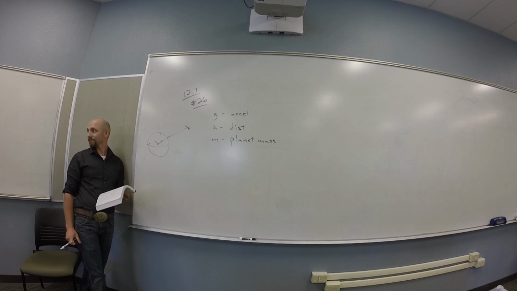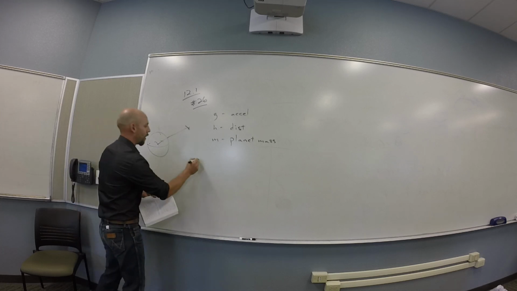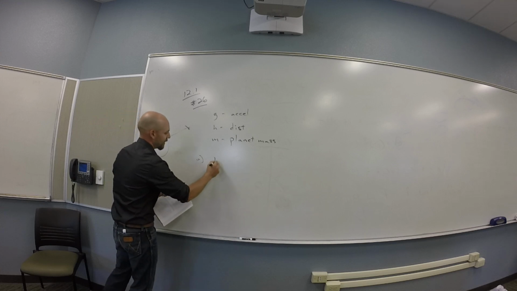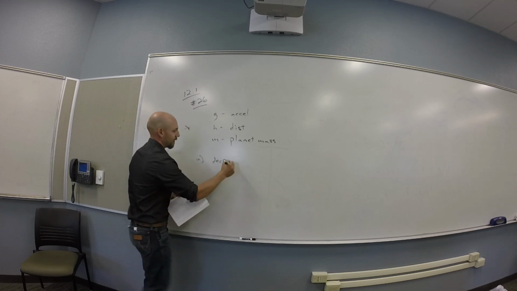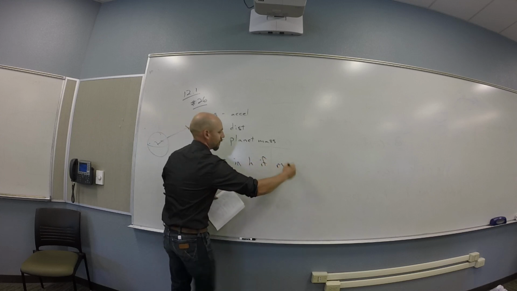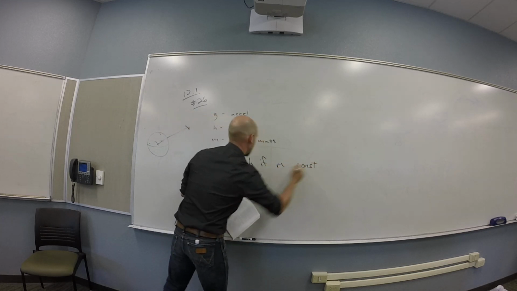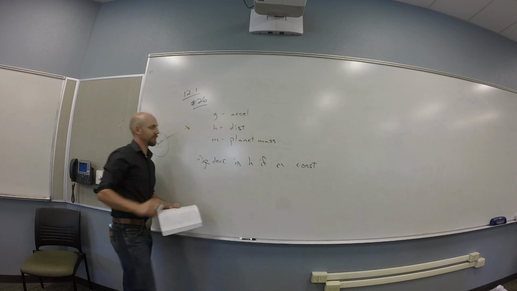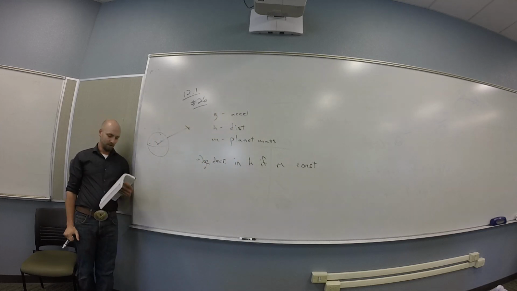You guys see that? Okay, so part A, decreasing in h if m is constant. And g is decreasing in h if h is greater than or equal to the radius, because then you get weird stuff. I'm not really sure what happens if h is smaller than the radius of the planet.